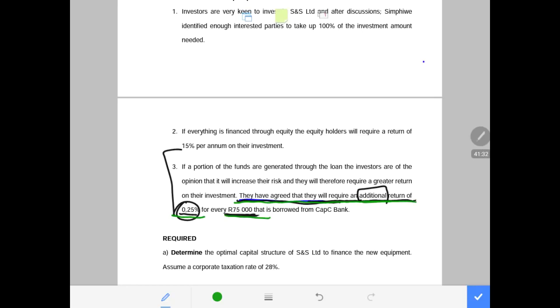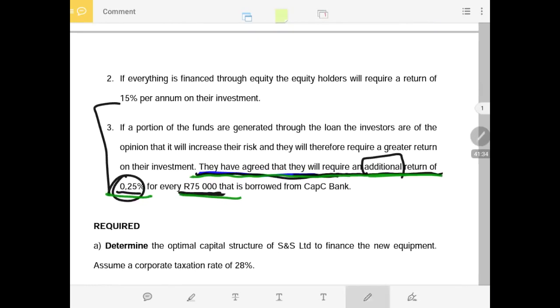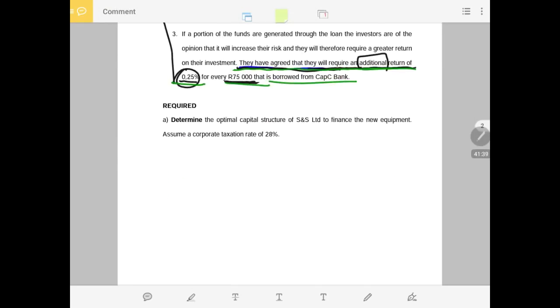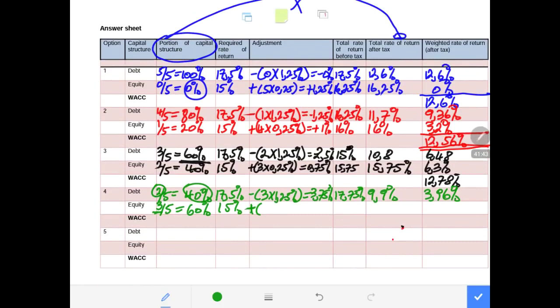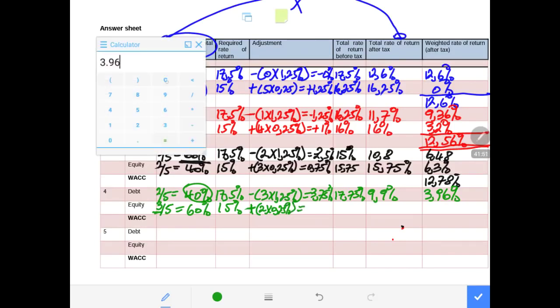So we say 2 times 0.25%. It becomes 0.5, half a percent. Half a percent will be an increment amount.